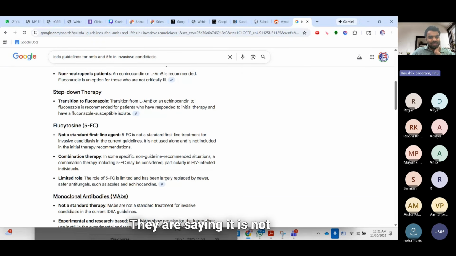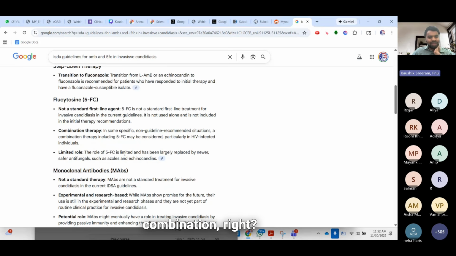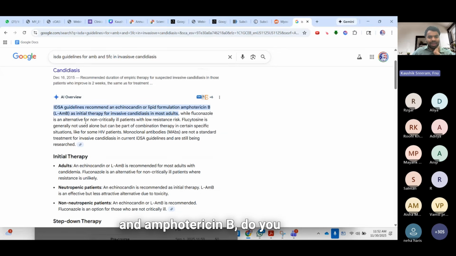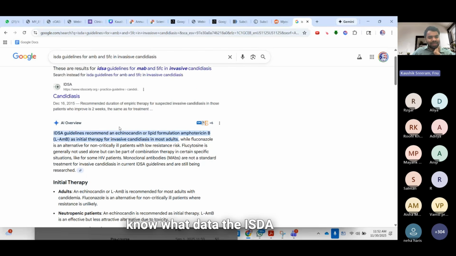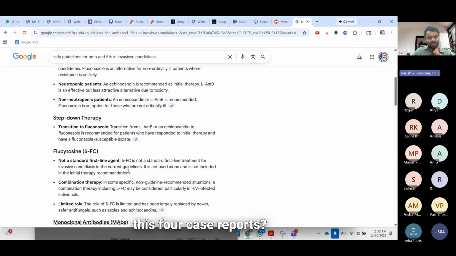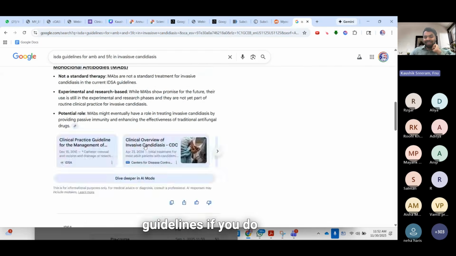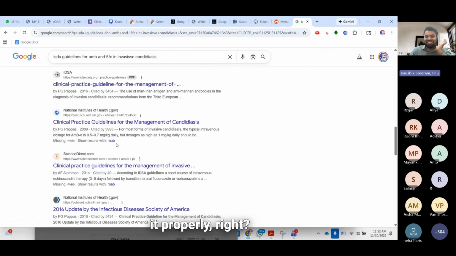They are saying it is not a standard first line, but it can be used. It should not be used alone, but in combination, right? If you look at 5FC, flucytosine, and amphotericin B, do you know what data the ISDA guidelines are based on for this? Four case reports. That's it. So you can change guidelines if you do it properly, right?